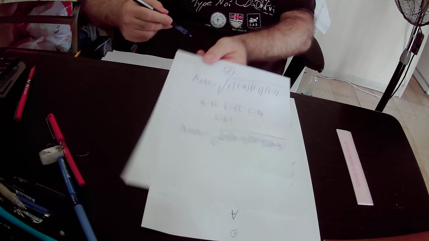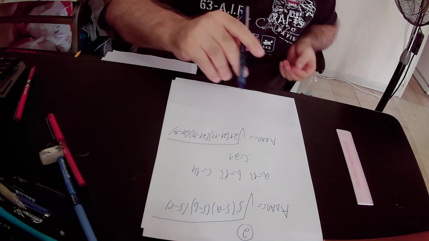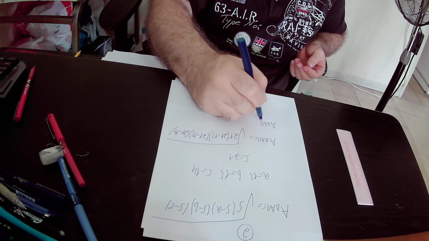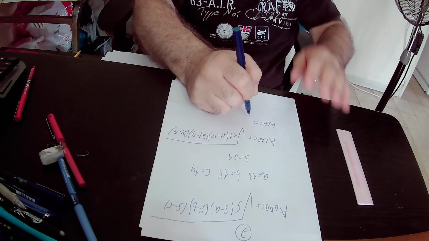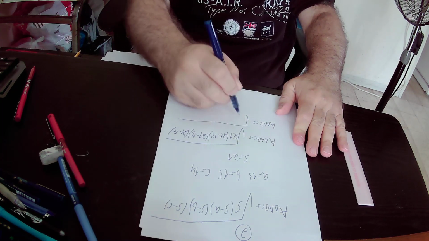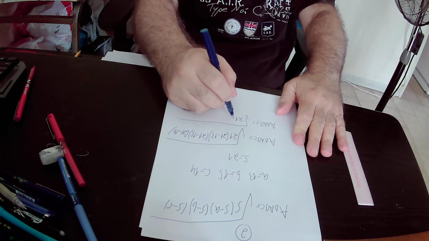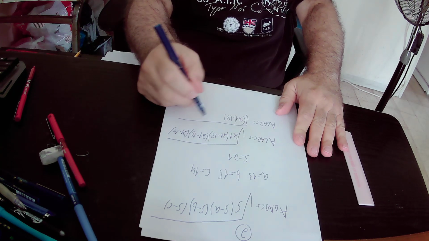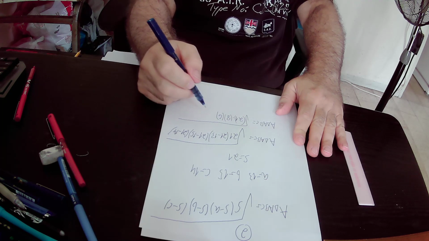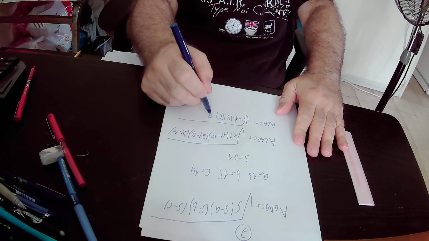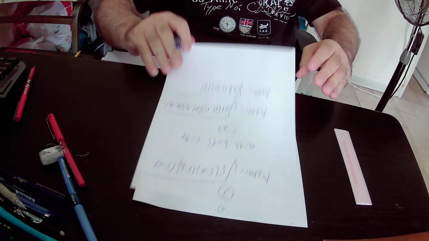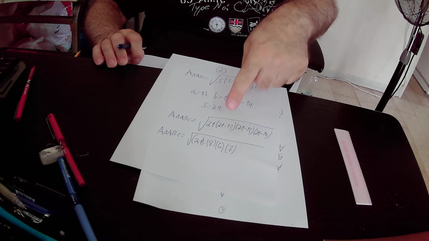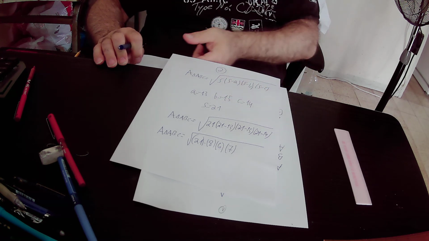We get that the area of triangle ABC is equal to the root of 21 times 8 times 6 times 7.